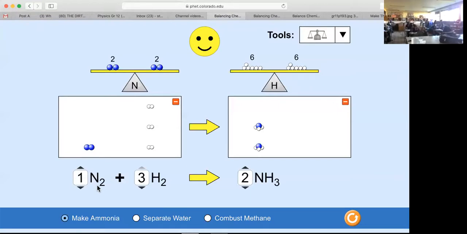Nitrogen has an atomic mass of 14, and hydrogen has an atomic mass of 1. This is almost mental arithmetic. What's 2 14s? That's 28 grams of that is going to react with 3 times 2 is 6 grams of that. So that 28 plus 6 goes to form 34 grams of ammonia.